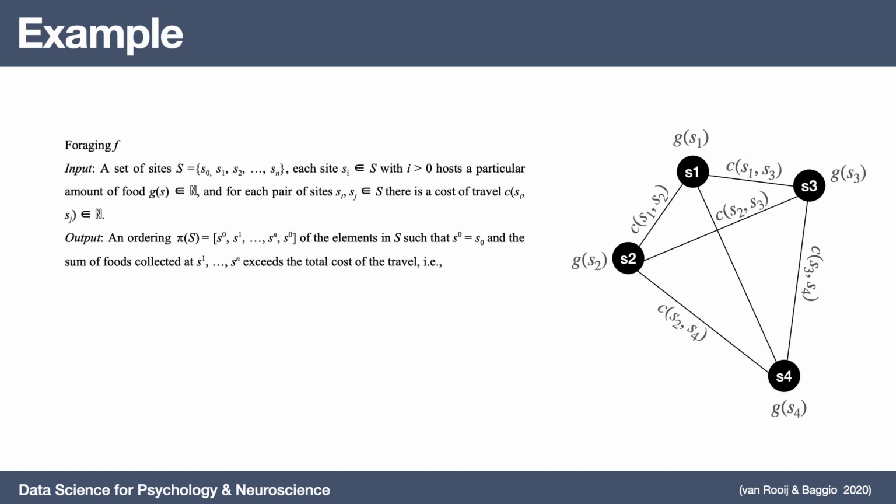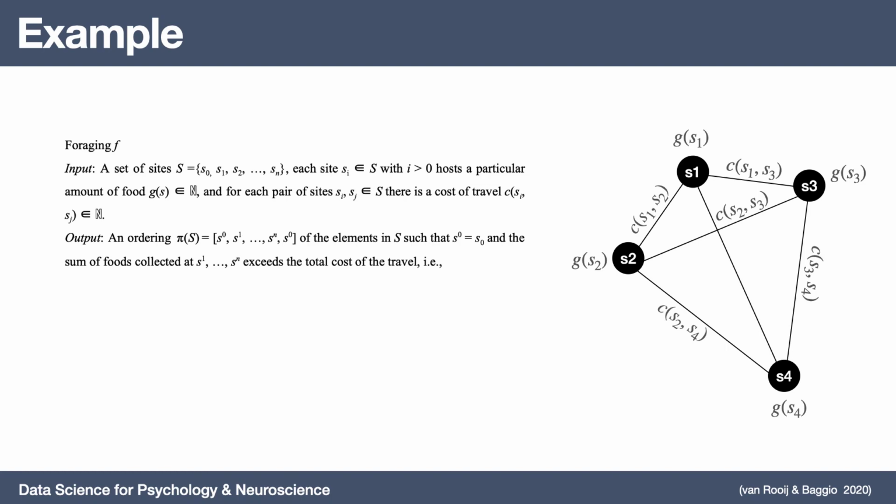You can formalize the process of foraging, F, as a system that takes a set of inputs, which in this case are a set of sites, where each site hosts a particular amount of food, and the distance between each pair of sites defines a travel cost. So you have places where food is, and you have distances and environmental constraints that make it more or less costly to go between them. You can lay that out as your set of inputs.